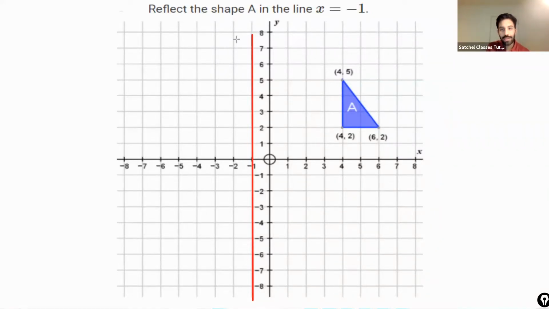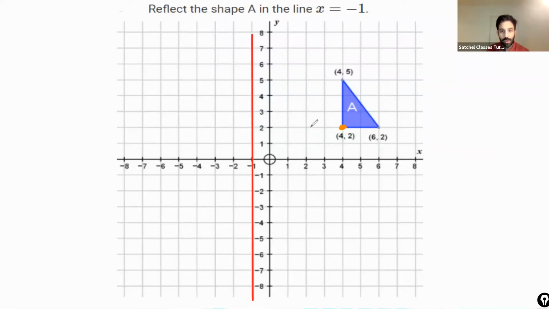Now, to reflect our shape, we need to pick the corners. So let's start with this corner here. And maybe I should use a different color pen. Use orange this time. So let's pick this corner here. And how many squares are we away from the line of symmetry?